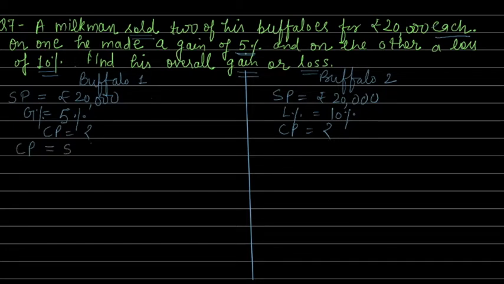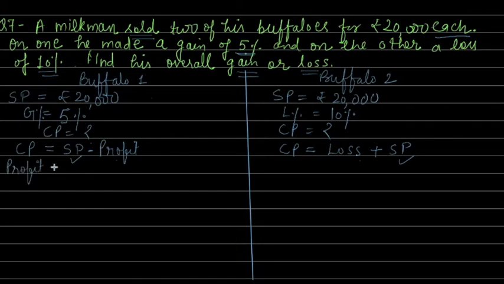CP will be SP minus profit. And here also we need to calculate CP. CP will be loss plus selling price, right? We know this selling price. We have to calculate loss, we have to calculate profit. Percentage is given, so we will do it in the same way.